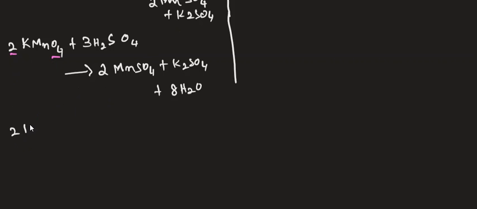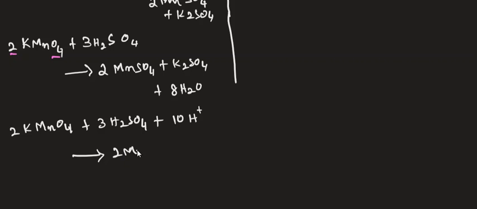So 2 KMnO4 plus 3 H2SO4 plus 10 H plus gives 2 MnSO4 plus K2SO4 plus 8 H2O. Now you check potassium balanced, manganese balanced, oxygen is also balanced, and sulfur balanced.